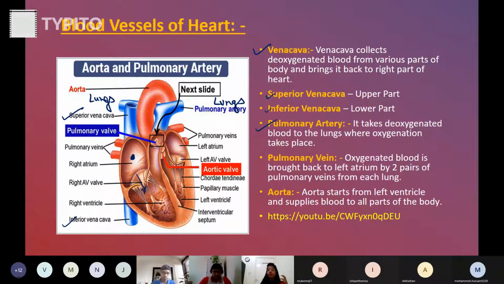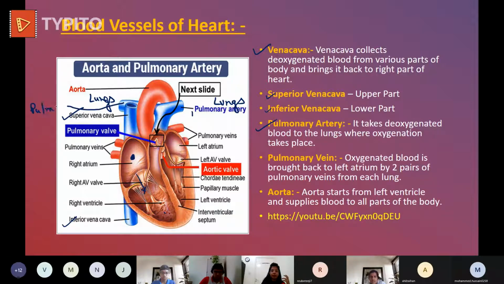Pulmonary means related to the lungs. So the blood is going through the pulmonary arteries, two of them, because we have two lungs. One pulmonary artery is this and another pulmonary artery is this. So there are two pulmonary arteries which take blood to the lungs.